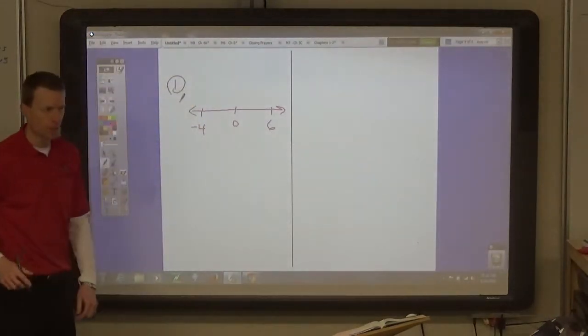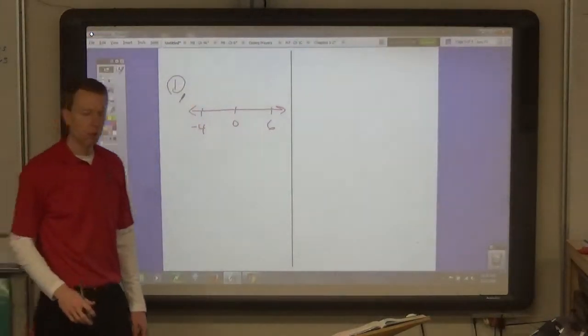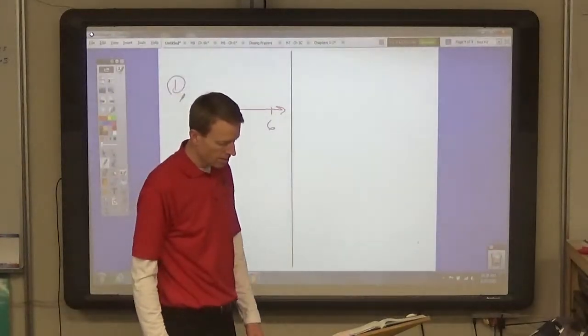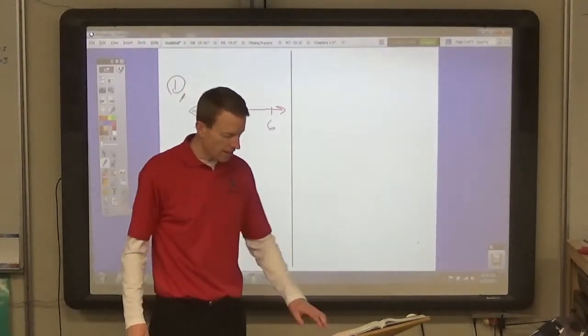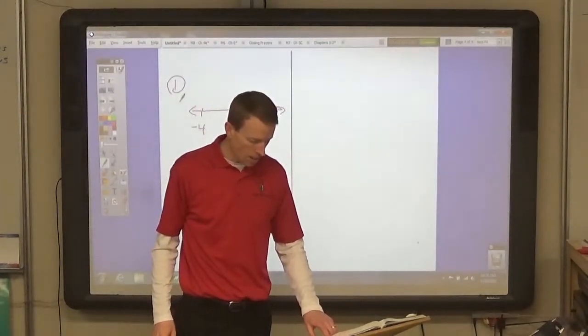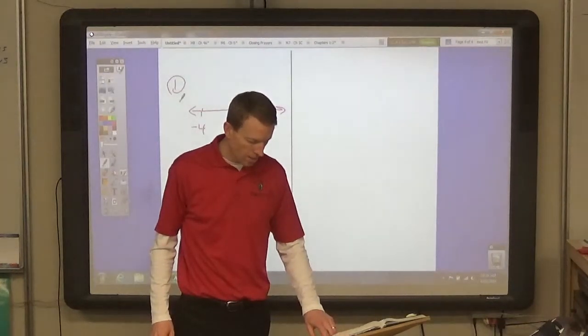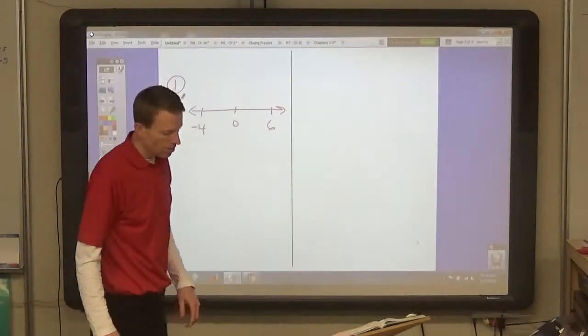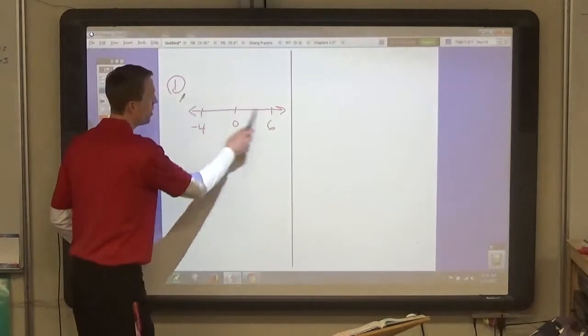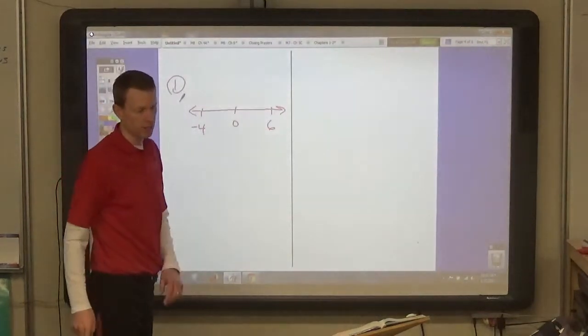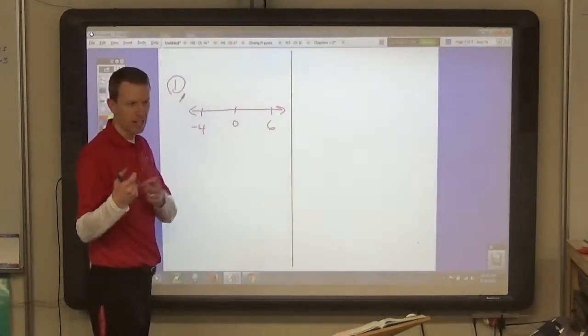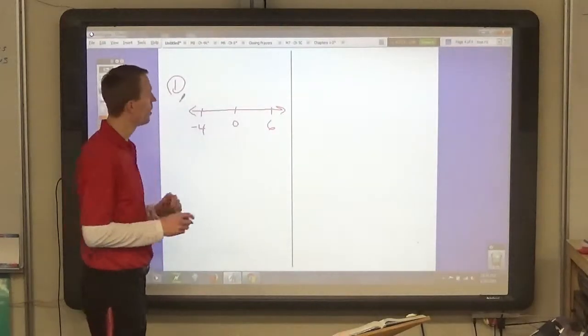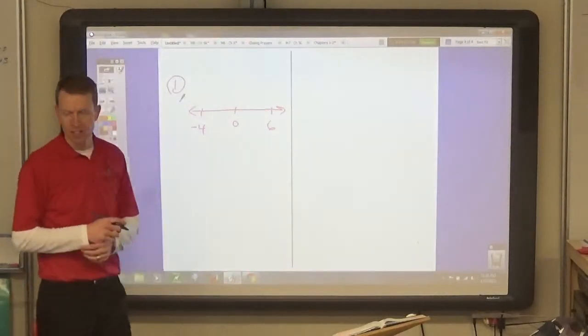Now, if it's all real numbers, it's all the numbers possible in between here, but it's between, not equal to. So we use an open dot if it doesn't include those.